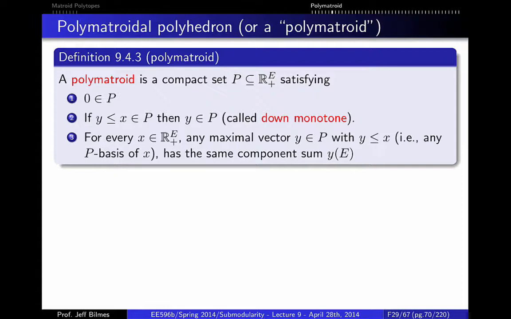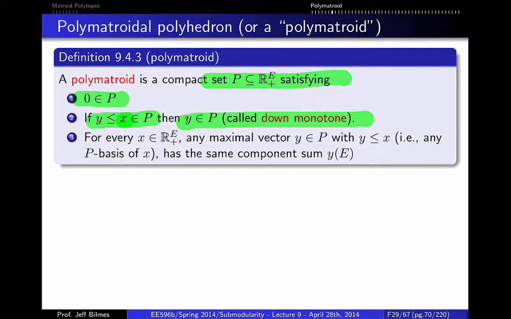So a polymatroid is a compact set P satisfying the following. It contains zero, so 0 is in the polymatroid. If x is in P and y is a subvector of x, then y is in P. So it has a down monotonicity property, or what we were calling a subclusive property. I was trying to say subclusivity property, but I failed.